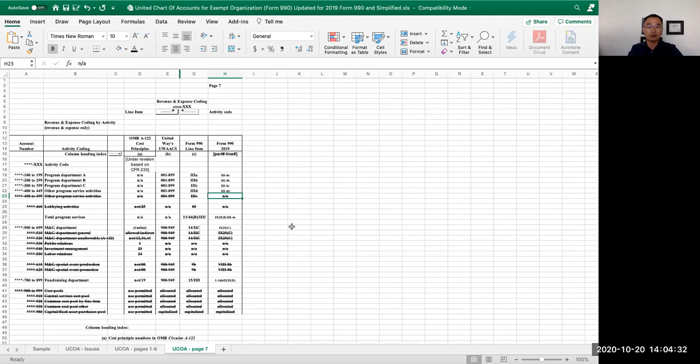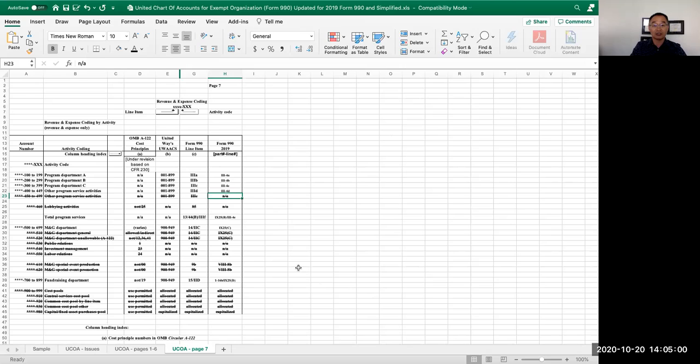So I hope that will improve some efficiency and clarify some confusion, because I found the previous unified chart of accounts, I appreciate the predecessors, they spent time and made it very detailed, but I think also it's confusing because it's too complicated for most nonprofit organizations, because the majority of nonprofit organizations are small and they don't have the manpower to do it.